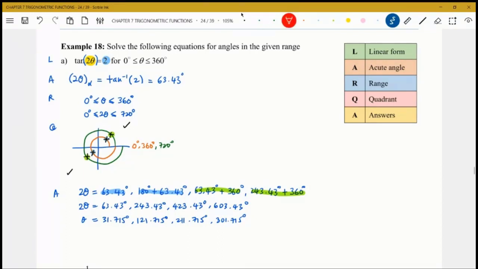Okay, so ini berada pada kuadran yang pertama, kuadran yang ketiga. Ini adalah rotation yang pertama. So rotation yang kedua, kita akan tambahkan dengan 360. So rotation yang kedua untuk kuadran pertama, rotation kedua pada kuadran yang ketiga. Okay, position yang sama tapi rotation yang berbeza.